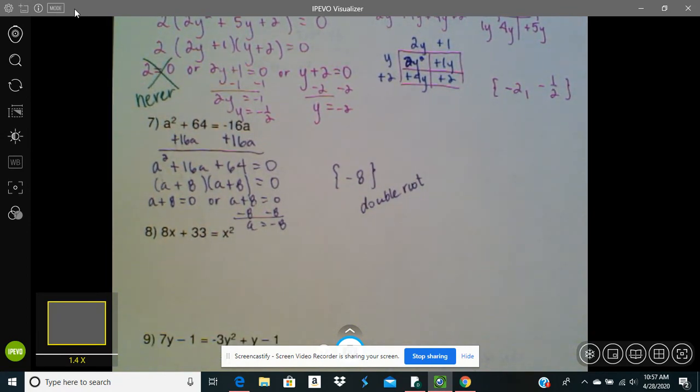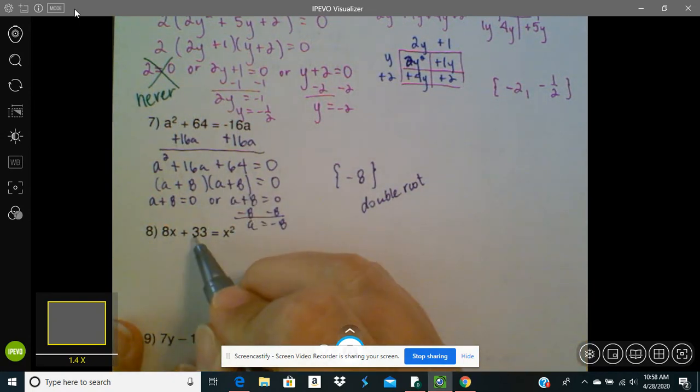All right, now, this one's a little crazy. I've got 8x plus 33 equals x squared. All right. I can move the x squared over there, but then I have a negative x squared. And y'all flip out over any deviation. And you know what? I do too. I don't like to have a negative on that side.